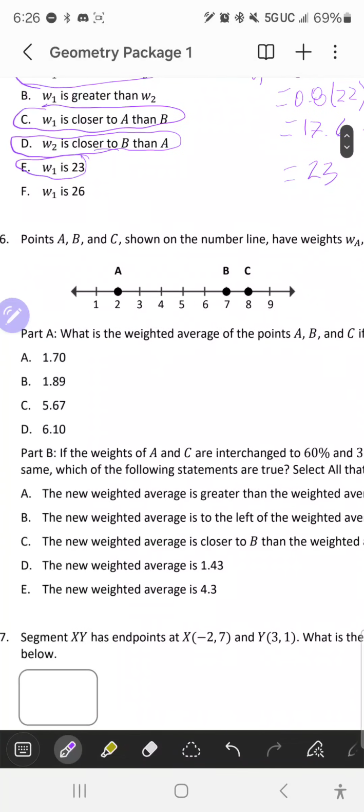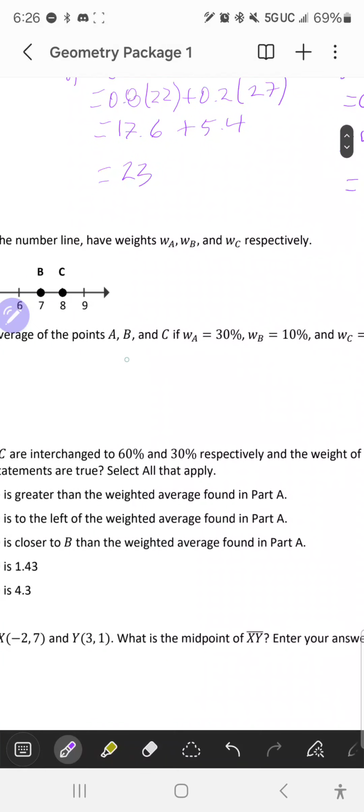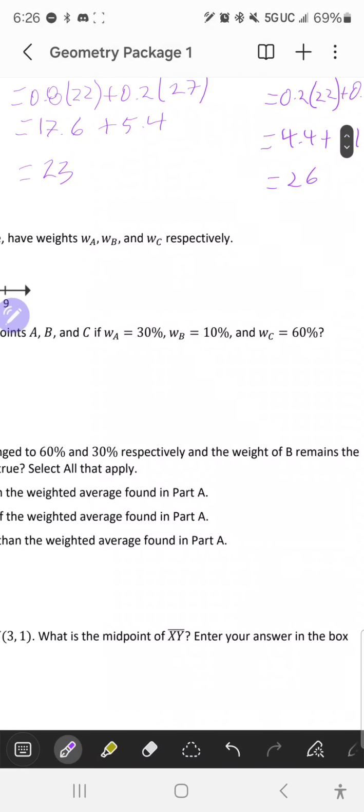What is the weighted average of the points A, B, and C, if WA is 30%, WB is 10%, and WC is 60%. This is basically the same as we have done before. The only difference is that there are now 3 numbers instead of 2, but it's almost the same.